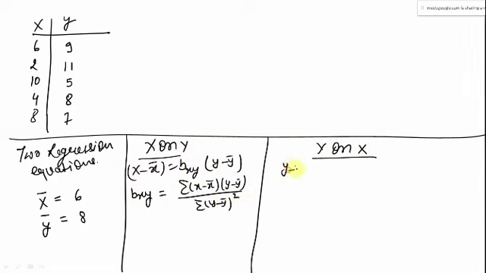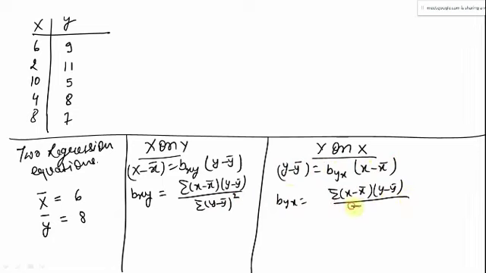Similarly, y minus y bar is equal to byx into x minus x bar, where byx will be summation x minus x bar into y minus y bar divided by summation x minus x bar square.